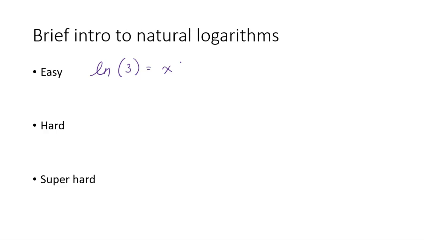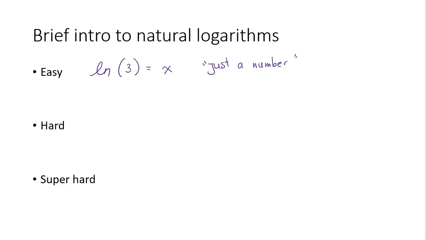Literally and truly, and you'll hear me say this a bunch, the natural logarithm of 3 is just a number. You just put in your calculator natural logarithm 3, close parentheses, enter, just a number. So that's what you're going to hear me say a lot. The natural logarithm of a number is just a number.